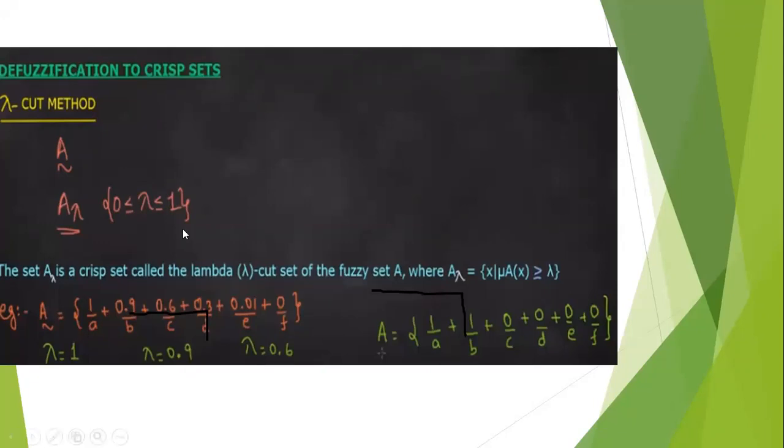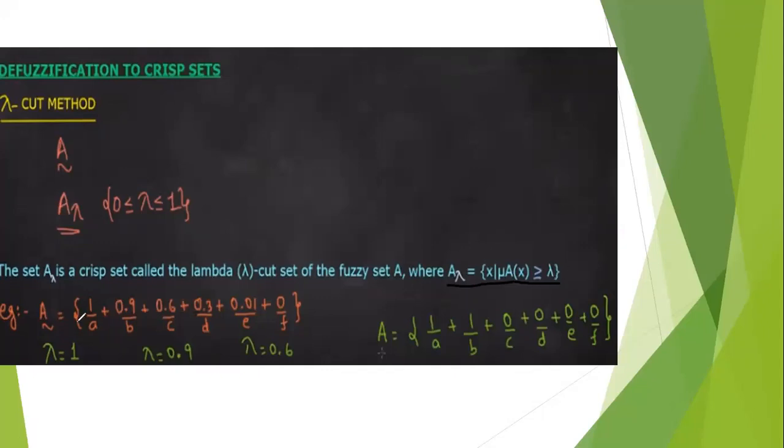The set A lambda is called a crisp set, known as the lambda cut set of fuzzy set A, only when A lambda is equal to x such that the membership function of A at x is greater than or equal to the lambda value.